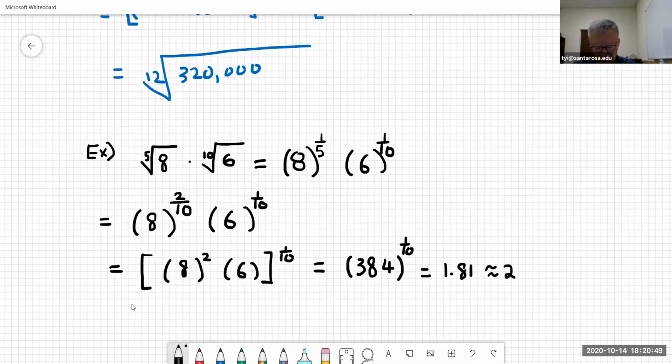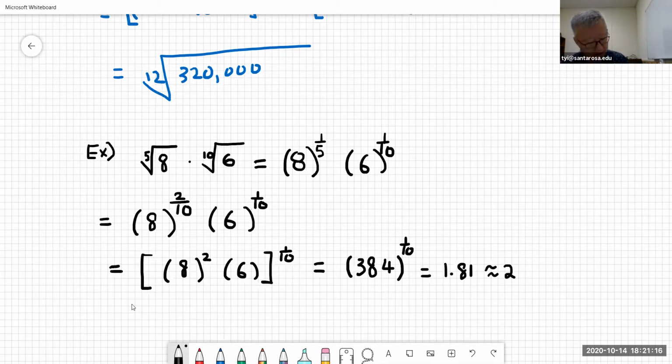I got 1.81. Should have done the other way. Let me see. Okay. Yeah, I think they estimated that. But, you know, like I said, it can be done, but you're still going to have to use a calculator. Otherwise, you won't be able to get this number at the end. Okay.